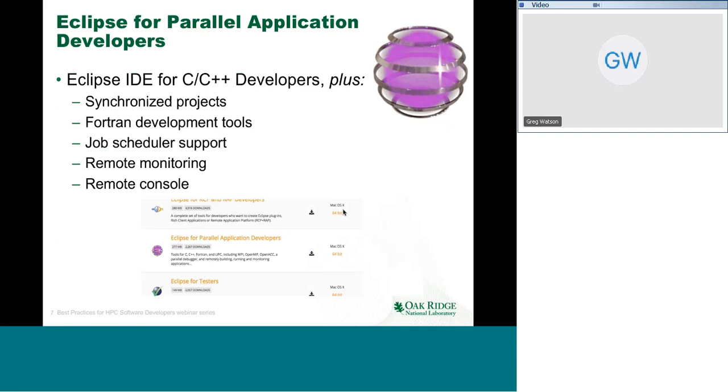It contains Fortran support if you're interested in that. And then a number of features for interacting with remote systems, so job scheduling, monitoring, and a remote console. So that's why I would recommend that one for scientific application development.